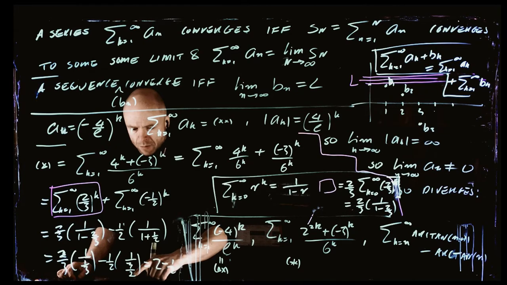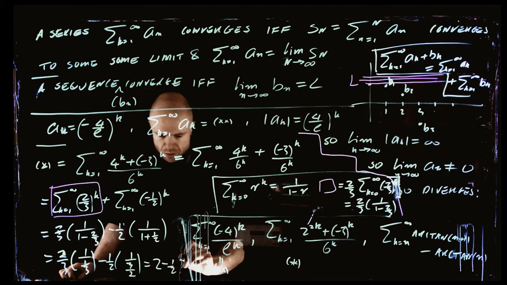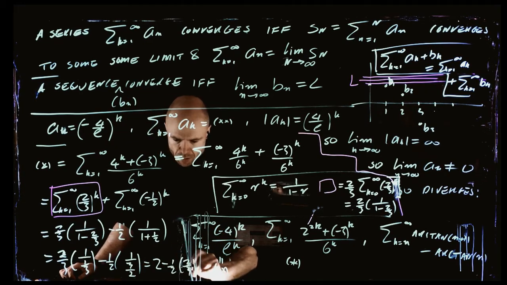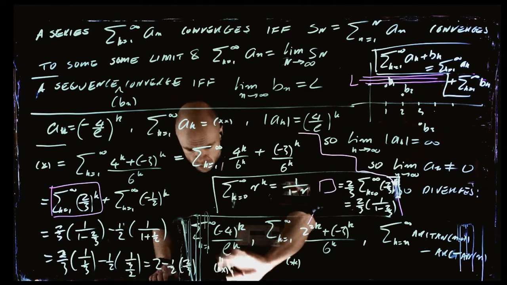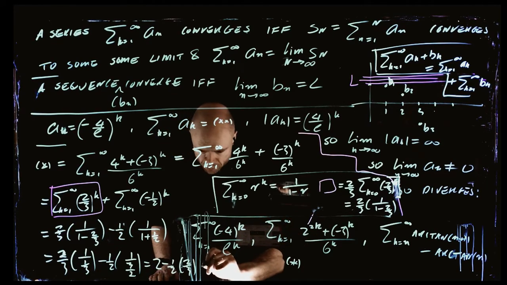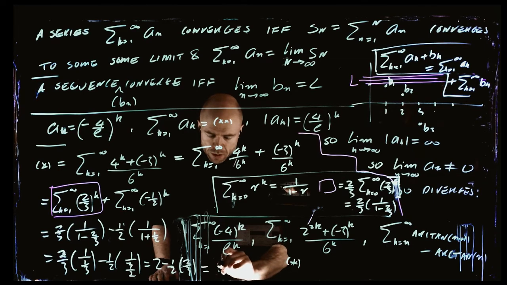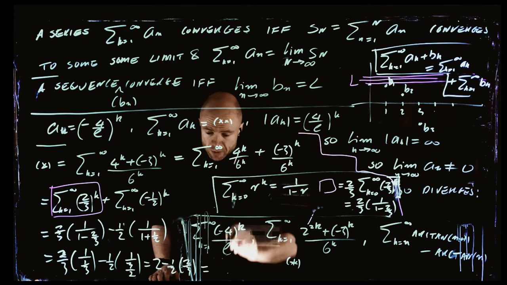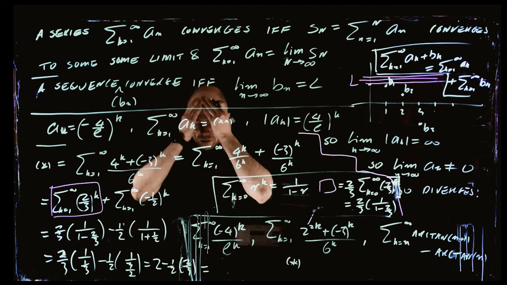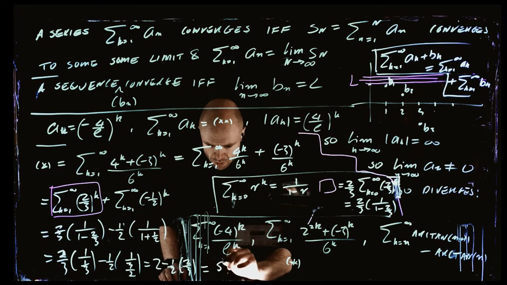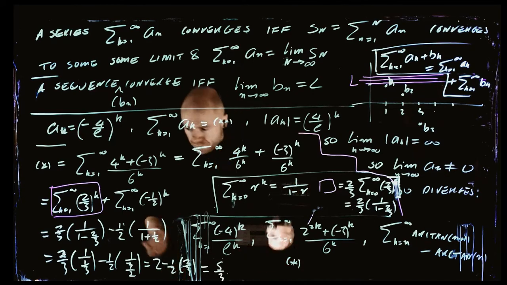So that's going to be 2 minus a third, which will be what? It's going to be 6 over 3 minus 1 over 3, which will be 5 over 3, right? And that's the answer.